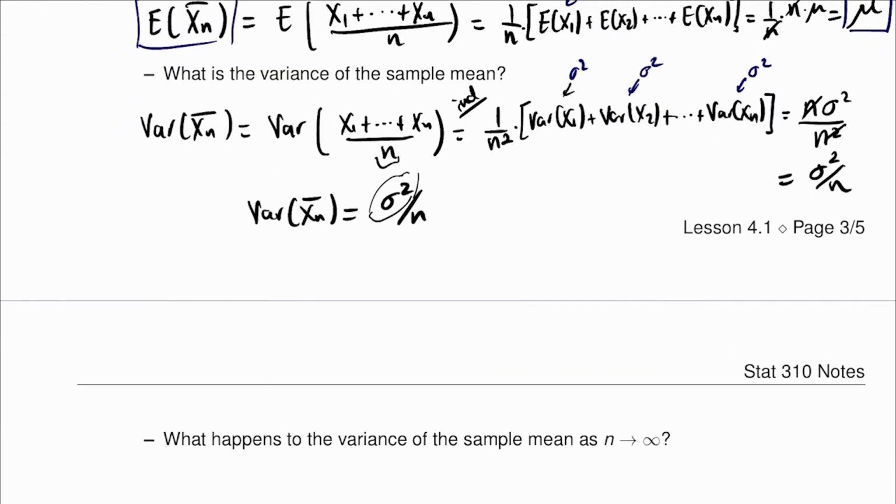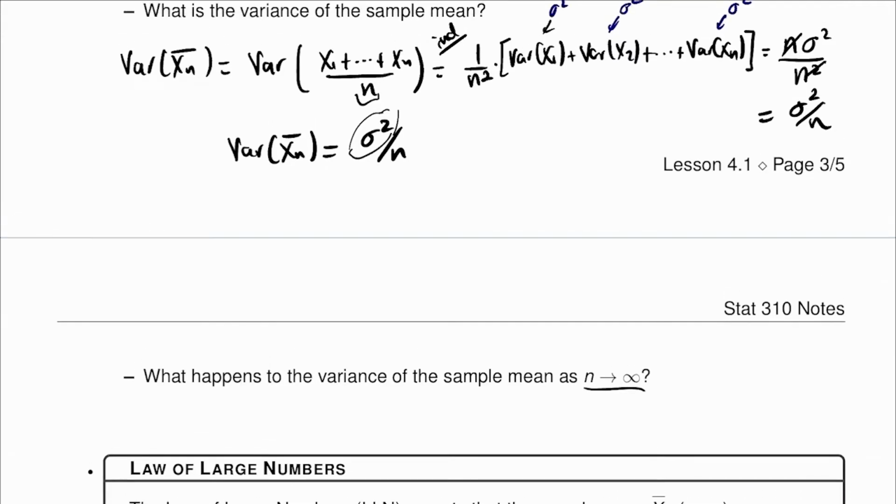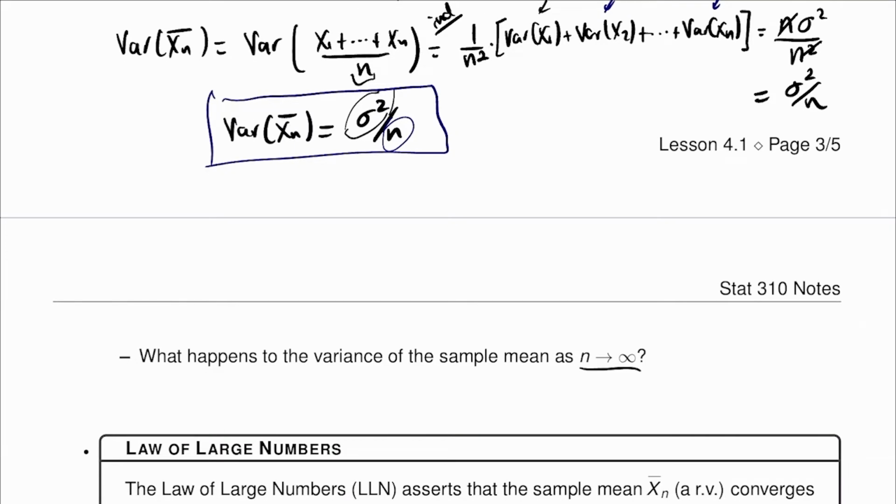Now, what happens to the variance of the sample mean as n goes to infinity? If we take the limit of n to infinity, this variance tends to 0.